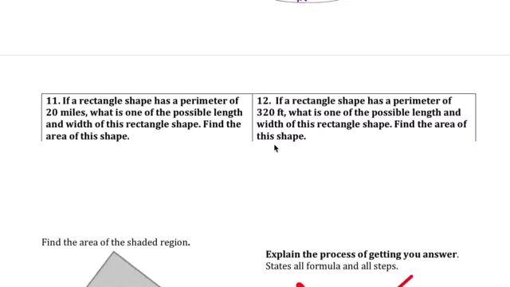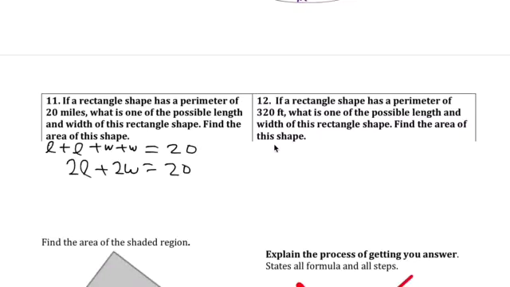If a rectangle shape has a perimeter of 20, so you add length plus the width. There's two lengths, right? There's length plus width equals 20. What is one possibility length and width of the shape? Find the area of this shape. So, there's plenty, right? 2 times the length plus 2 times the width equals 20.